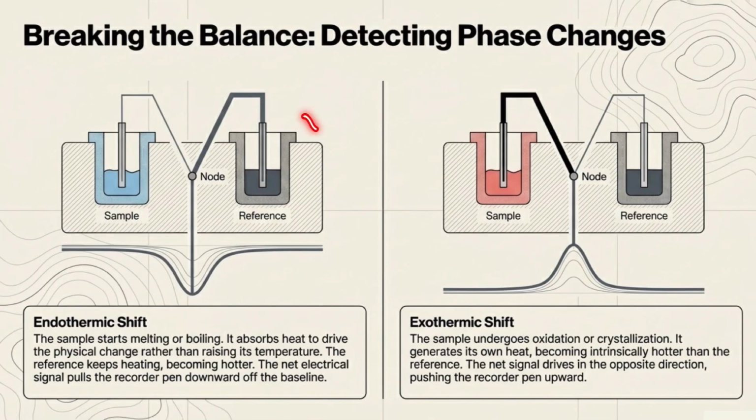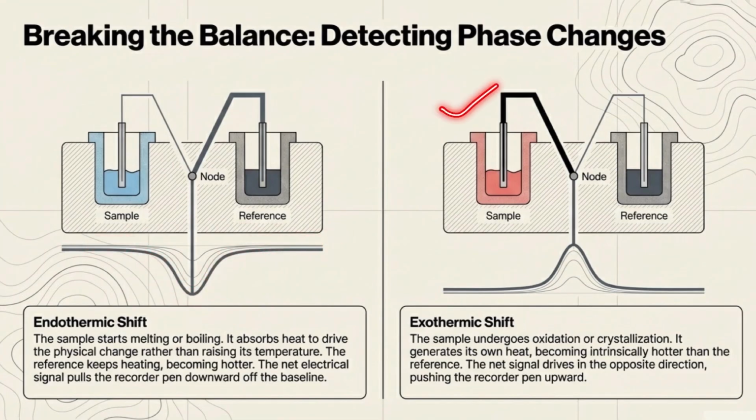So how do we measure the phase changes? Let's see, this is the case where there is an endothermic change. For example, we are continuously increasing the temperature of both sample and reference. However, at a particular temperature, there is some phenomenon in which heat is absorbed. So there will be an endothermic change, as a result of which the temperature of the sample will be lower as compared to the reference, and as the pan moves, a dip is created.